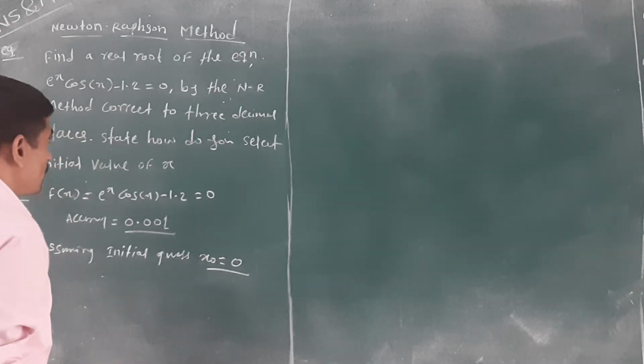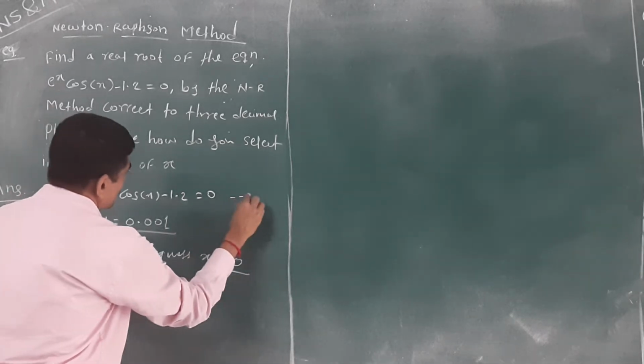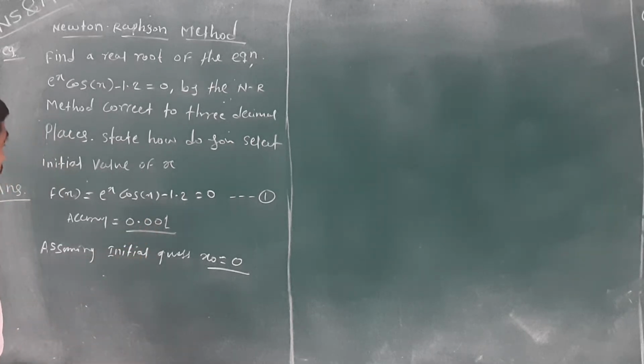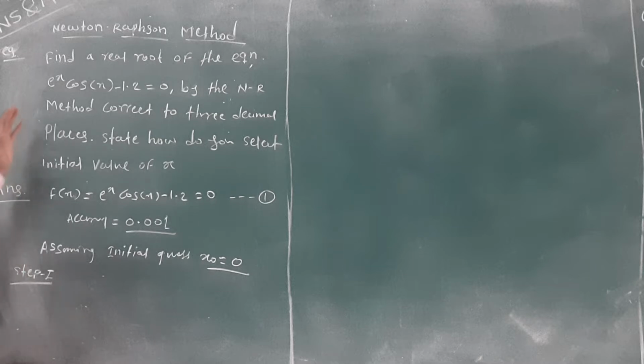Before going on that, we want to calculate. Suppose this is equation number 1. Then again, what we require? f'(x). Here I will write step number 1. You can remember the steps also, then you can easily solve the given example.